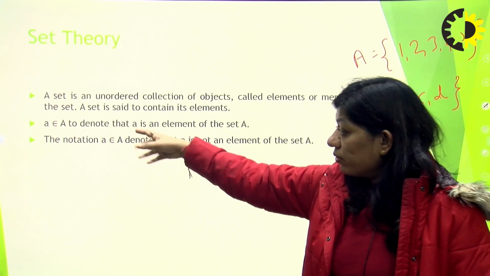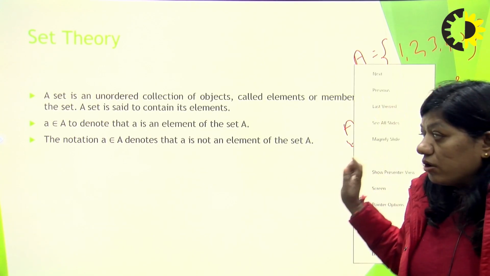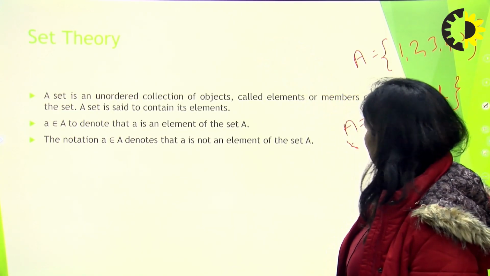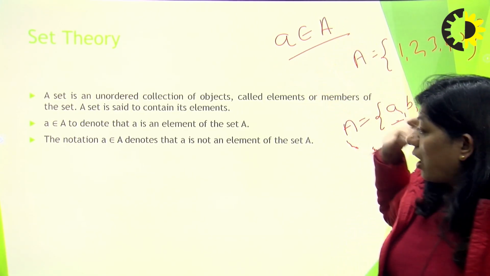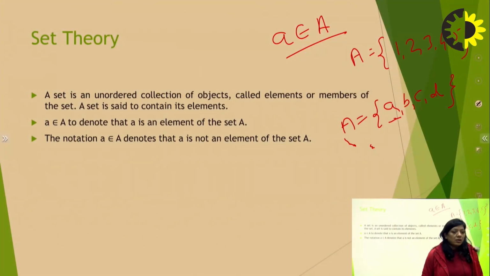A belongs to set A denotes that A is an element of set A. So, the notation, if I say set A, I will write A belongs to A. This is how we represent the element of set A in the set.